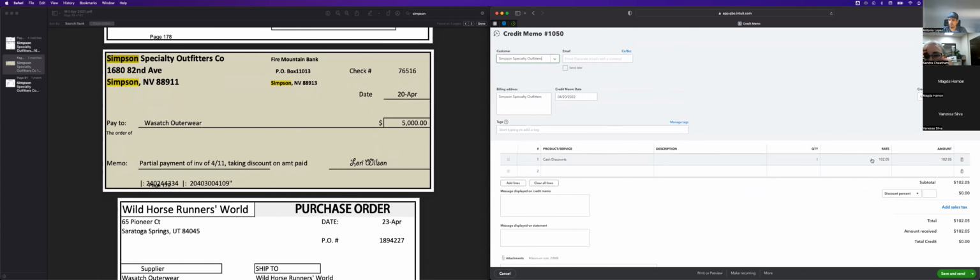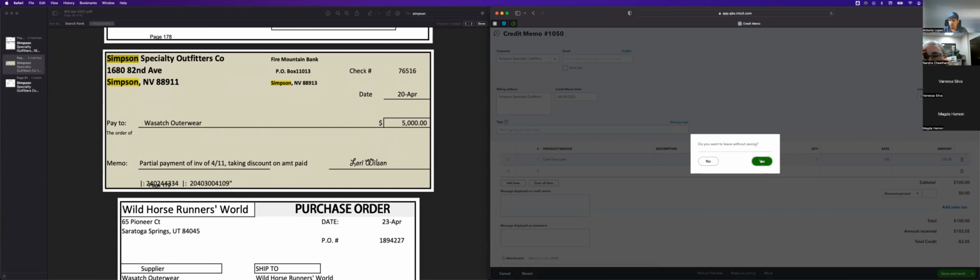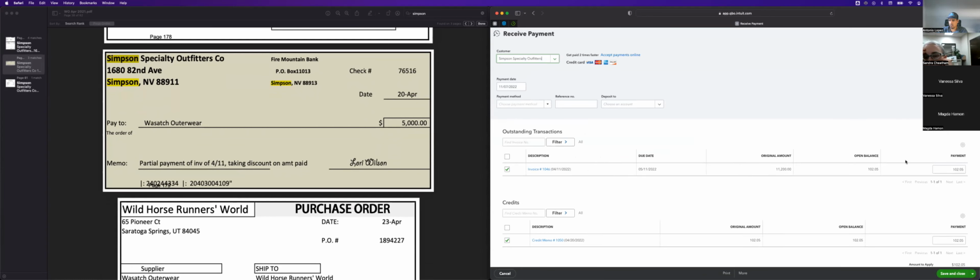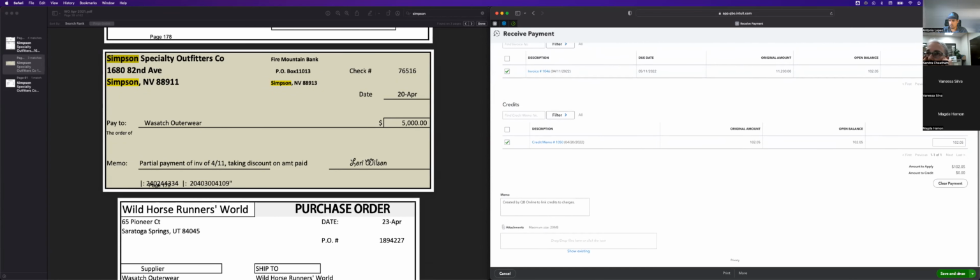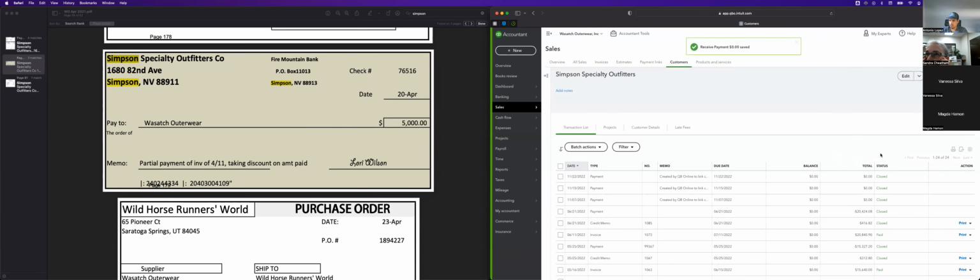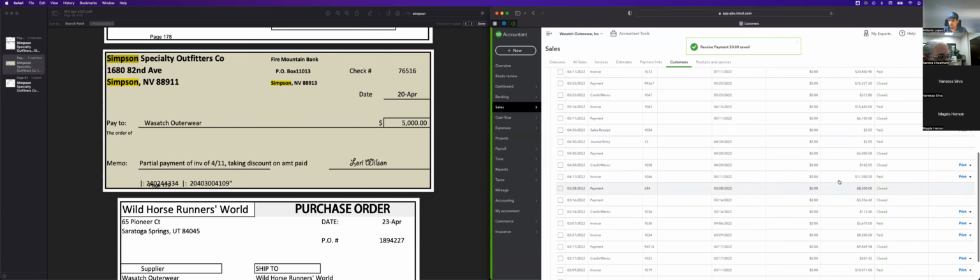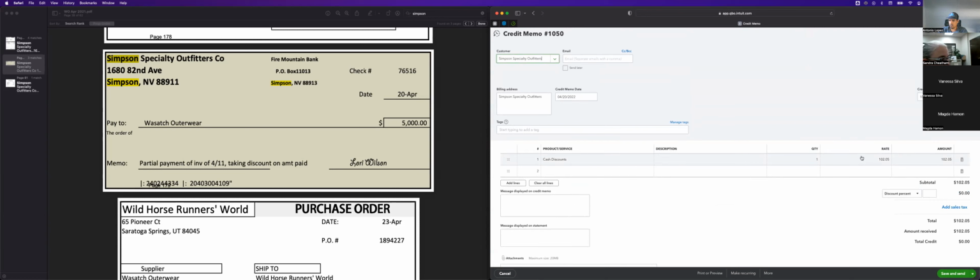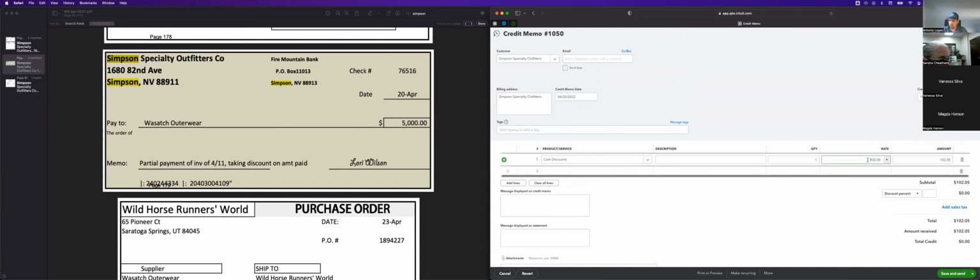I'm guessing. Yeah, it's just 100. So if we just changed... but see, my trial balance shows that I am low on that cash discount by $2 and 5 cents.